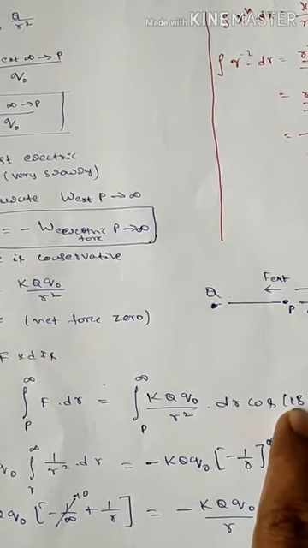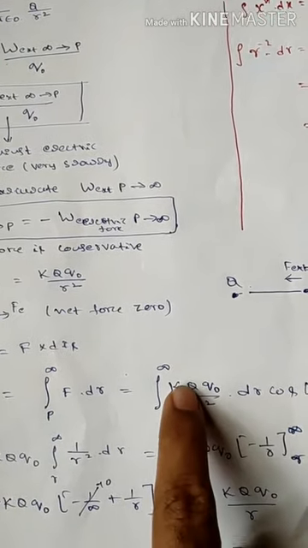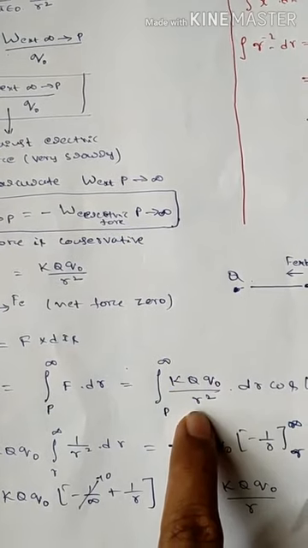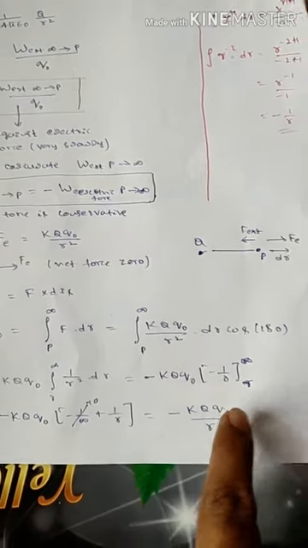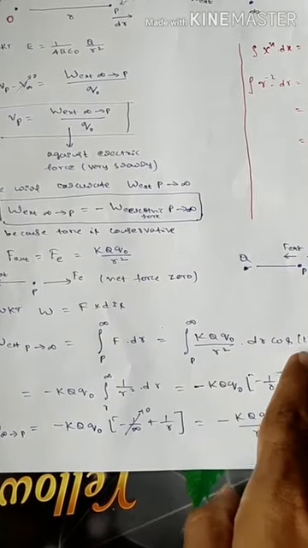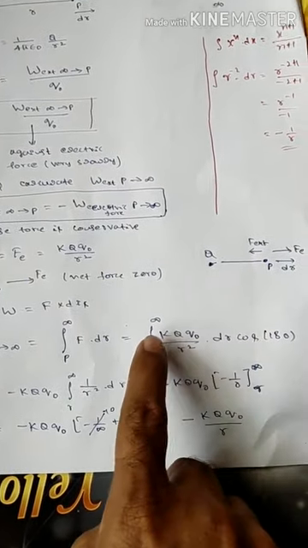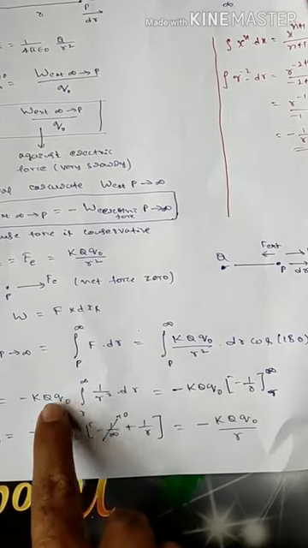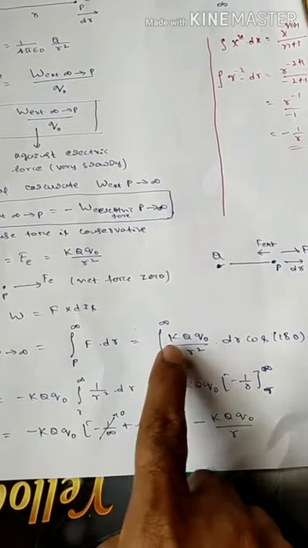Theta is how much? The force and displacement are in the opposite direction, so 180 degrees. Cos 180 is minus 1, take it outside.